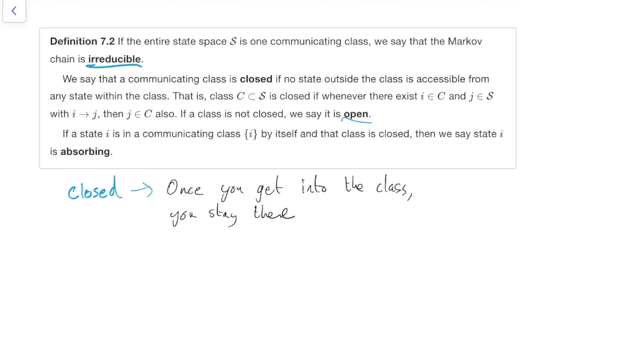And then finally, this last definition, if you've got a communicating class with just one state in it, and that class is closed, then we say the state is absorbing. So absorbing is the special case of closed, where the class only has one state. And that means once you get into the state, you stay there.